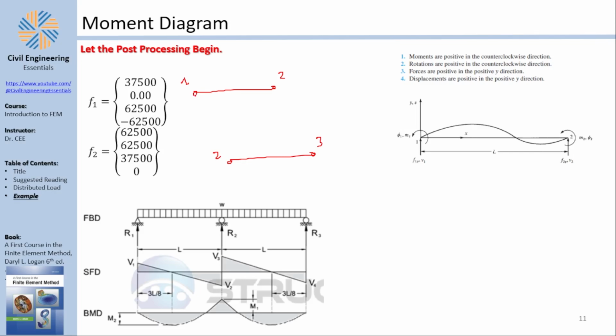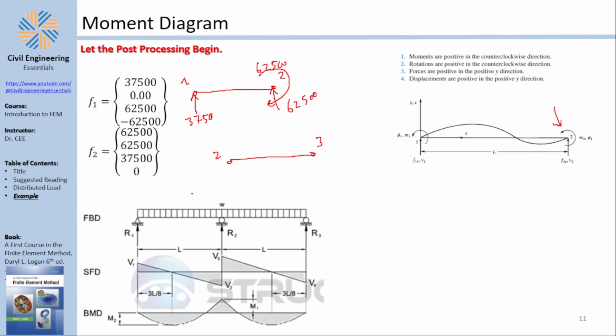It is up 37,500 and no moment here, and here I have up 62500 for the force, and I have negative, which means I have a clockwise moment because negative of counterclockwise. Remember, the positive direction is counterclockwise moment, so I have a clockwise moment of 62500. Those are the local forces of element number 1.